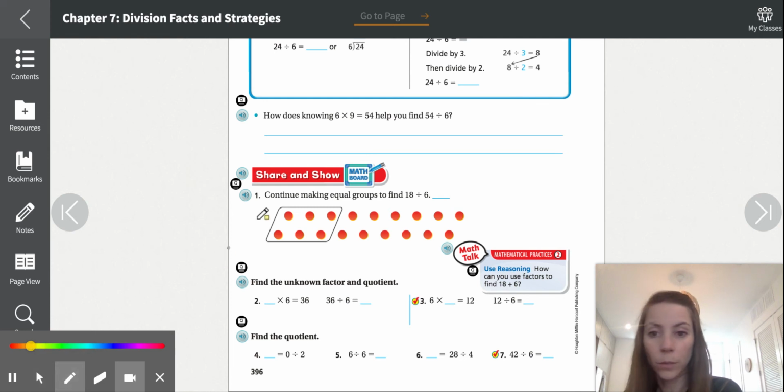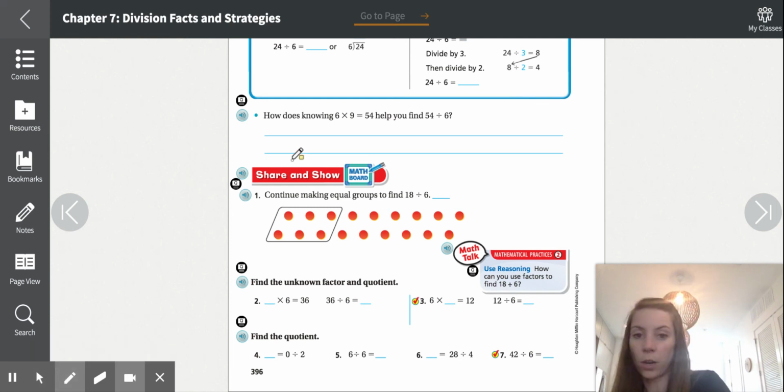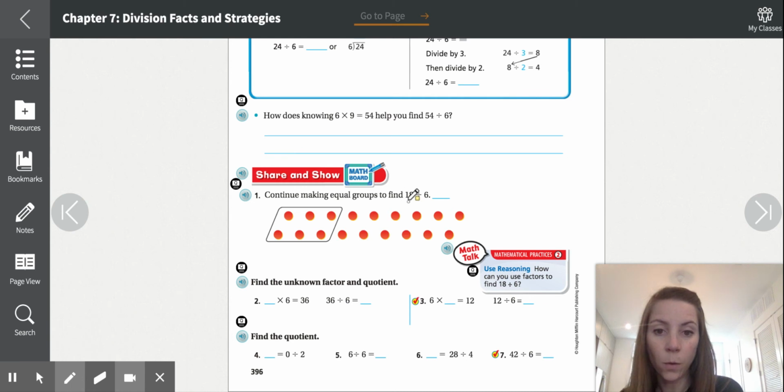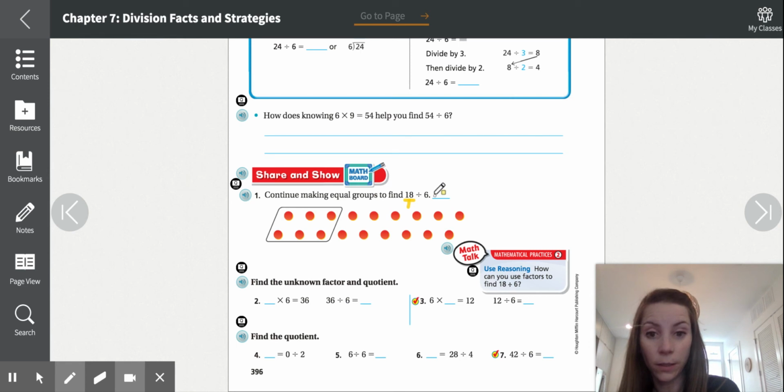Okay, so let's finish this picture. 18 we know in division is the total, and 6 could be the groups, or it could be how many in each. So let's see what they've started so far to see how they're using the 6. So 1, 2, 3, 4, 5, 6 is inside of this group. So it looks like they're using the 6 as how many in each. And I want to keep that picture going.